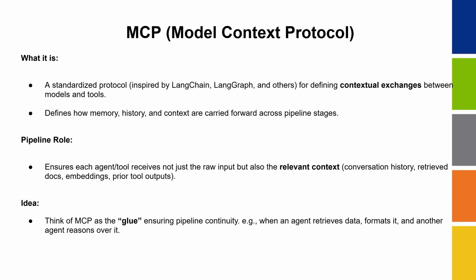The pipeline role ensures each agent or tool receives not just raw input, but also relevant context, which is conversation history, retrieved documents, embeddings, prior tool outputs, etc. And the idea is, think of the Model Context Protocol as the glue, ensuring pipeline continuity. An example is when an agent retrieves data, formats it, and another reasons over it. So this is level 1 standardization.